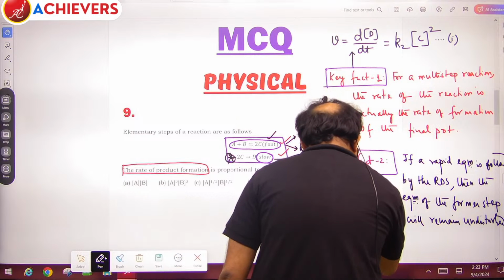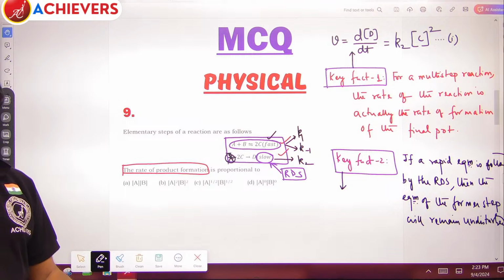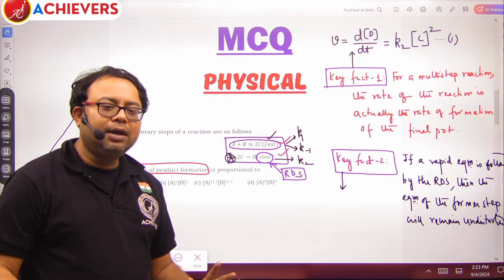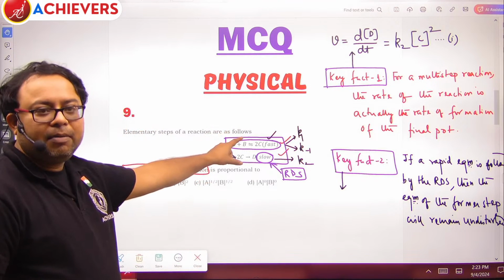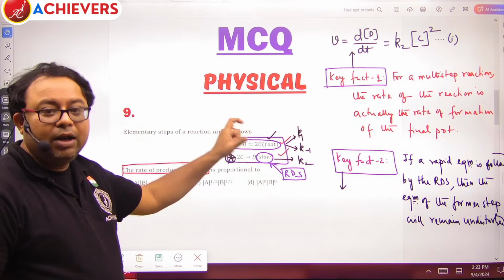And from key fact 2, one can infer that the equilibrium will be established and will remain undisturbed. That means the equilibrium of the first step will hold true.